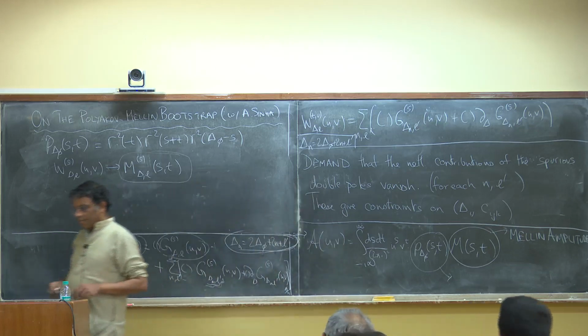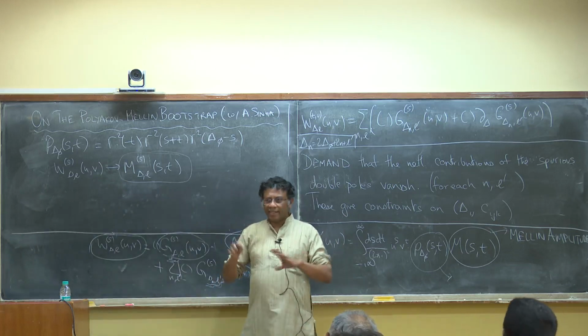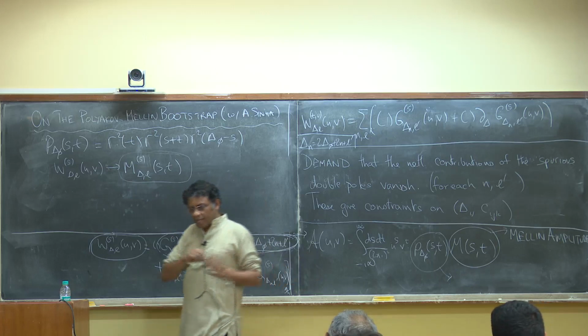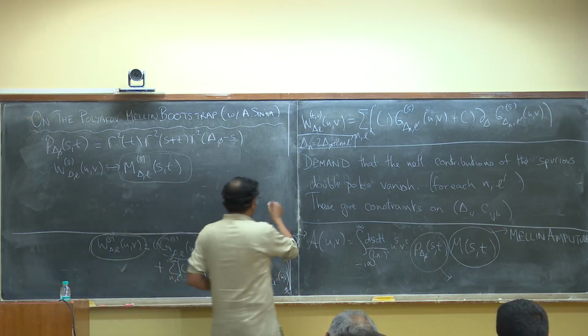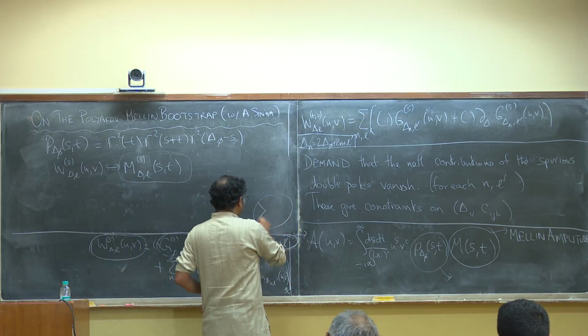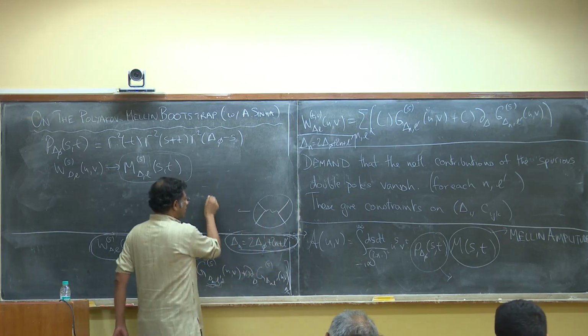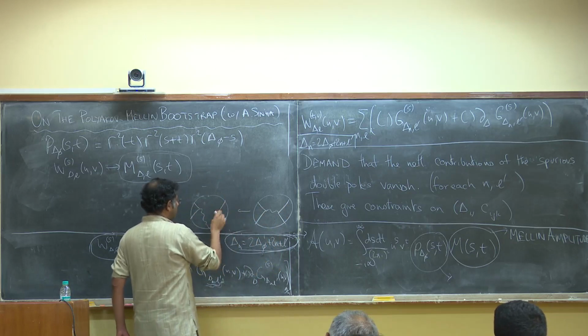I won't go into the detail. It has to do with a split representation that you have when people compute these Witten diagrams. There's a very neat way in which people compute, more for the experts.